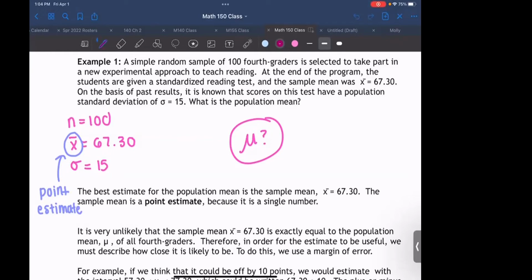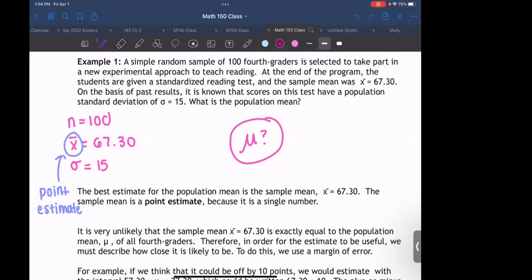Okay. And I think we talked about on Wednesday what the best estimate for the population mean was. Does anyone remember what that was? Like, what was the best guess for the population mean? Oh, close, but I think you're skipping a step ahead of me.